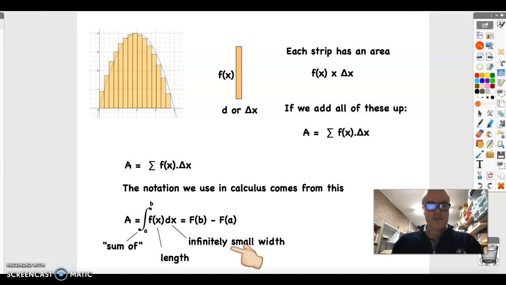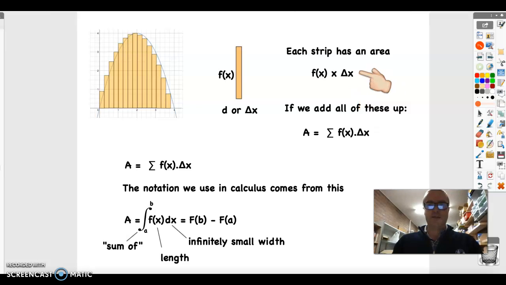So in a recent lesson, we were approximating areas with very thin rectangular strips. Those rectangular strips had a length that was given by the value of the function when they touch the curve. That's the length of the strip. And the width of each strip is what we were calling d. In this case, we're going to refer to it as delta x, a small change in x.